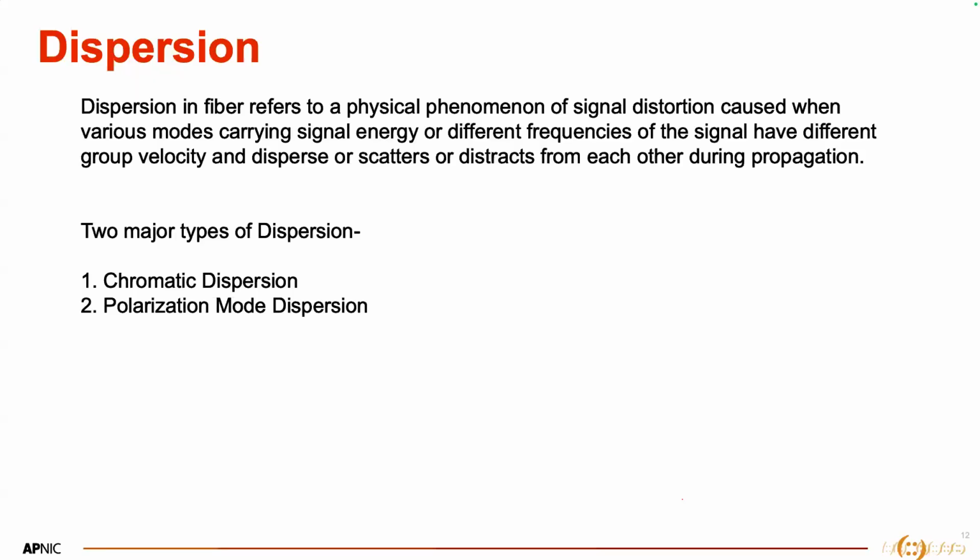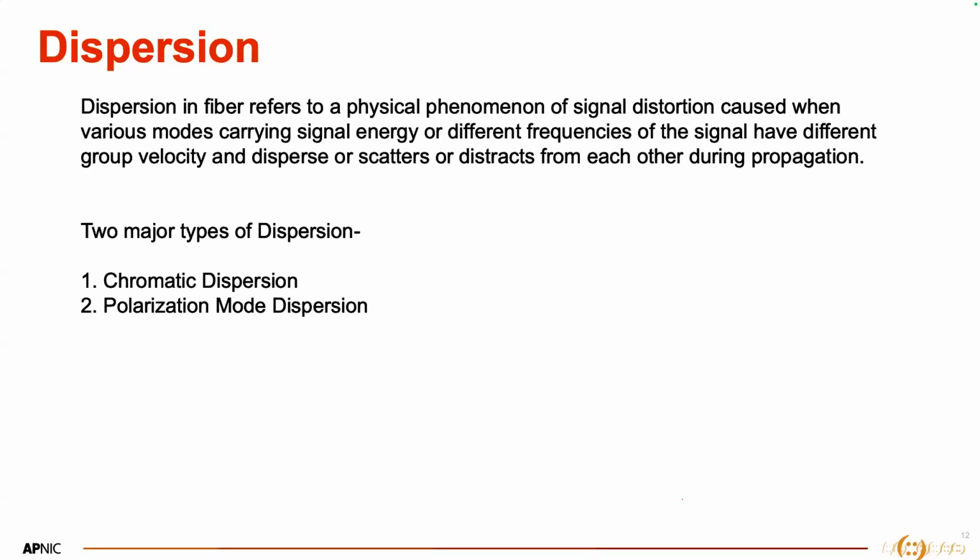And then we have polarization mode dispersion. So what is polarization mode dispersion? We know light is an electromagnetic wave: it has a magnetic plane and an electric plane, right? Two planes traveling in the same direction. When the light starts traveling, both planes are in sync, but as time goes by, they become out of sync.